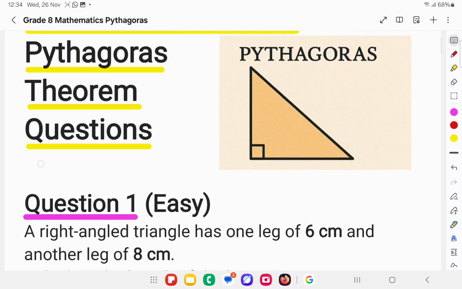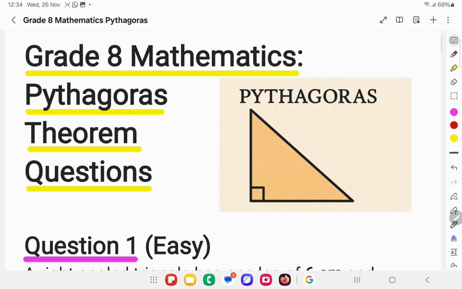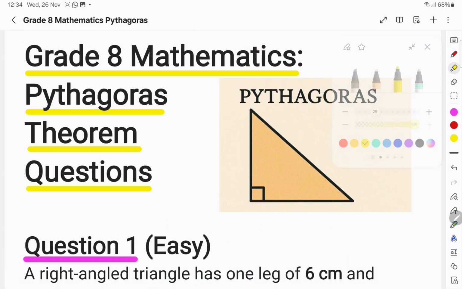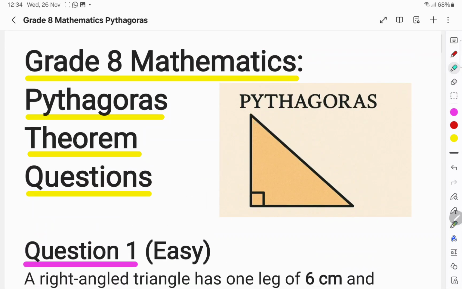So Pythagoras, very important, has to happen in a right-angled triangle. I always say to my students, it's the two sides touching the 90 degrees. Those two are your two legs that you're going to add together squared, and that gives you equal to the hypotenuse squared.